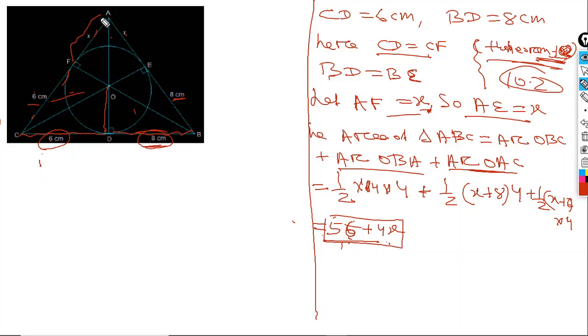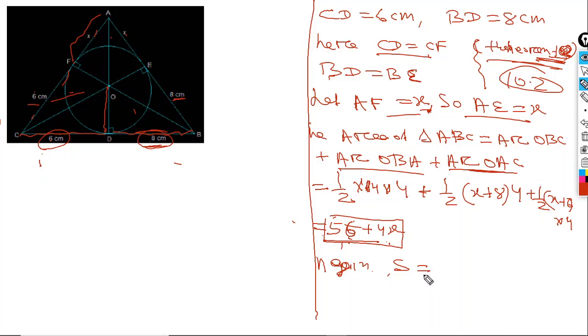Again we will find the area of this triangle. How? You know that there is Heron's formula. In Heron's formula we have s equal to the half perimeter.